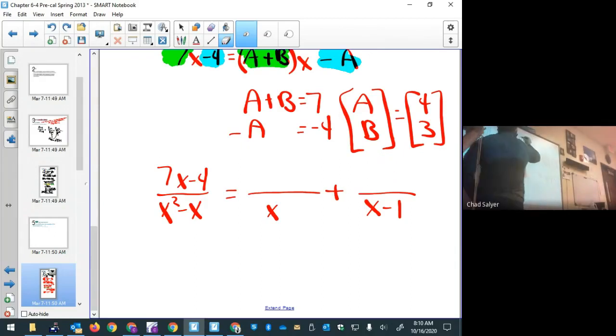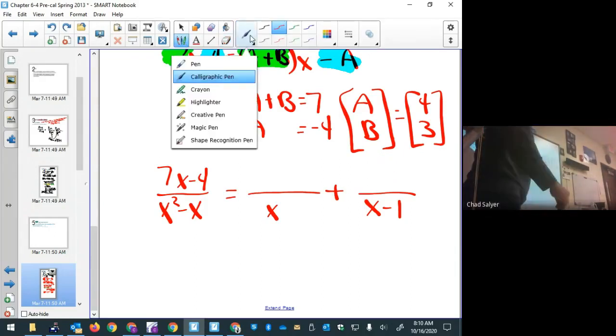Now, A and B are not interchangeable. So you got to remember where you had A in your original formulation.